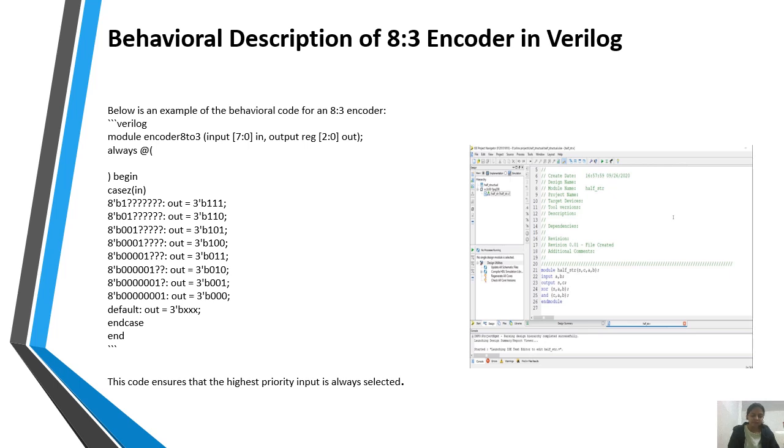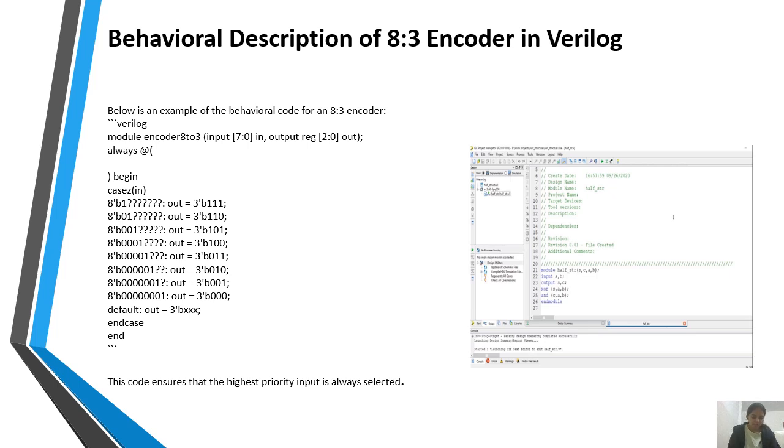Default case: out of 3 bits handles the case where none of the inputs are active, ensuring the output is invalid. And the 6th is the end of the block, end case and endmodule close the case statement and the module respectively. And the 7th one is the purpose of the code. The code ensures the priority encoding where the highest priority input among in [7:0] determines the output.